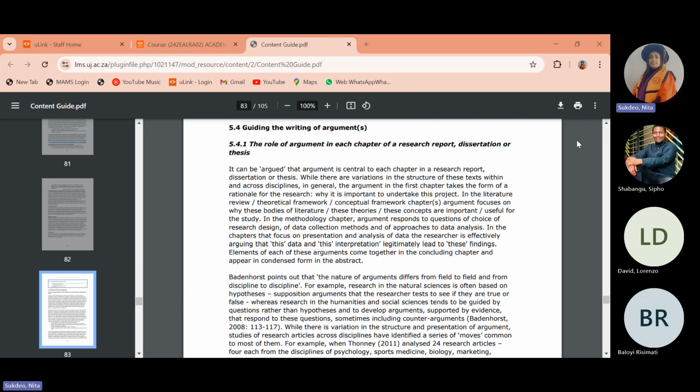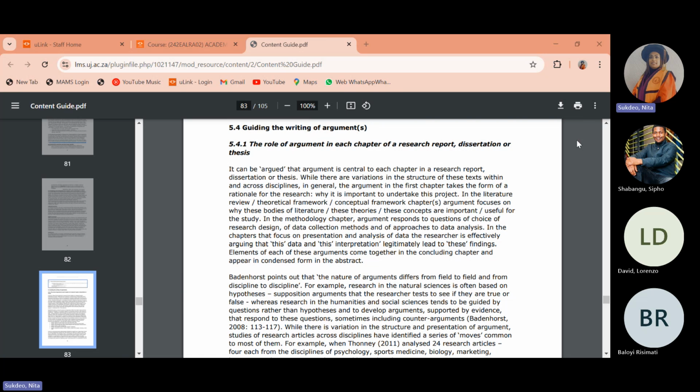Because remember, at a postgraduate, honors and master's level, you are adding to the body of knowledge that already exists. Unless you're bringing about completely new research, which is mainly done at your PhD level, where you are creating your own conceptual framework, something completely new.